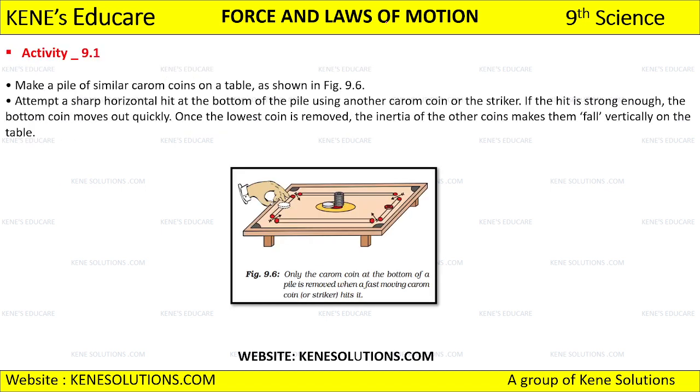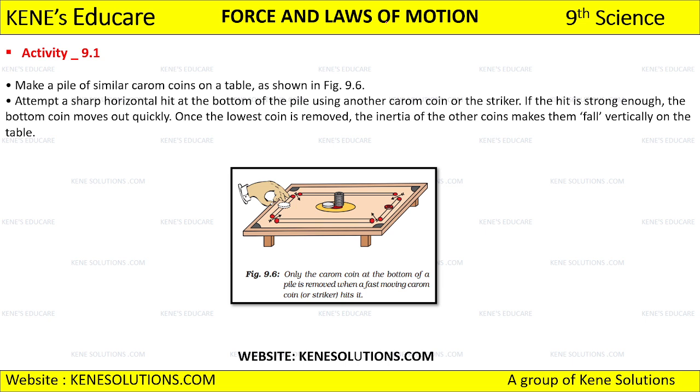See, now here we have three different activities to discuss. Let's see what exactly they are. For activity 9.1, we need to make a pile of similar carom coins on a table as shown in figure 9.6.